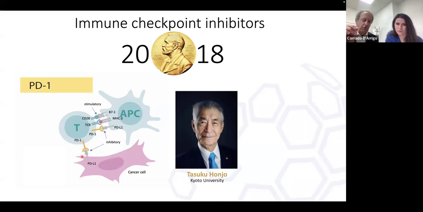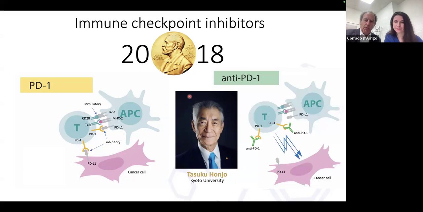So the tumor cells might have learned how to keep the T cell at bay, inhibiting the cell-mediated immune response against them. Okay, so what happens when we use an antibody against these receptors, PD-1, that's the example here, anti-PD-1? Well, we stop the inhibitory pathway and we enable the immune response.